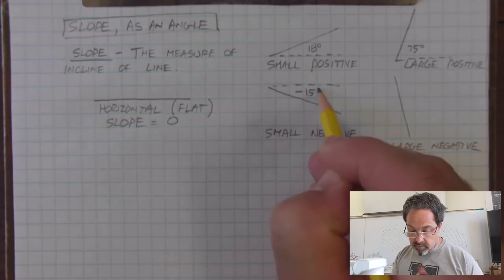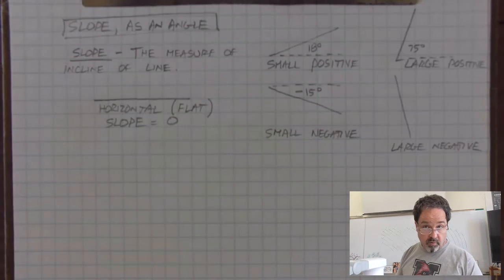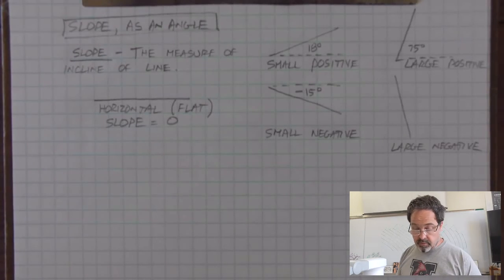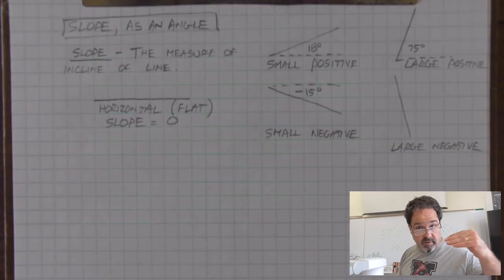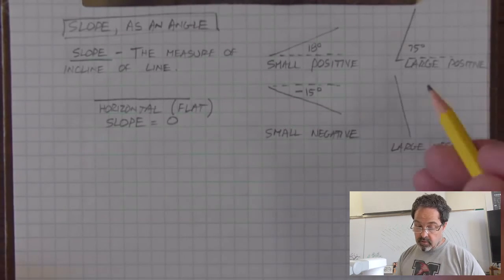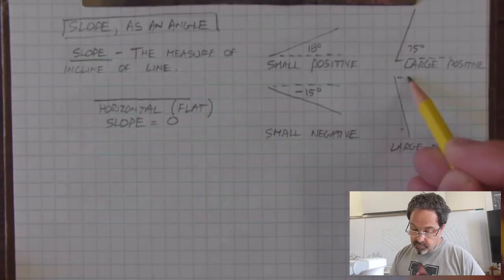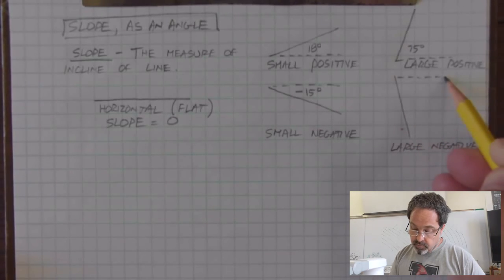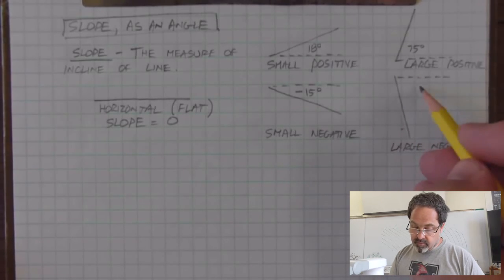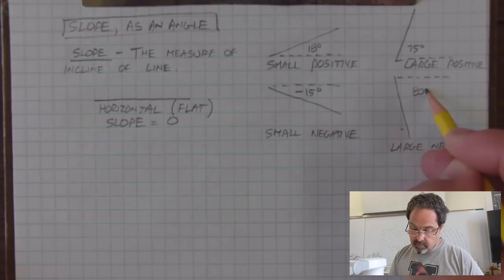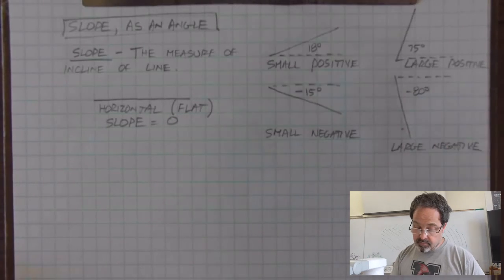We'd approximate it maybe negative 15 degrees, a small negative slope. We could say this line is in decline because you have to go down. The large negative sloped line we would compare with a horizontal. The angle between them would be something large like 80 degrees, but negative.